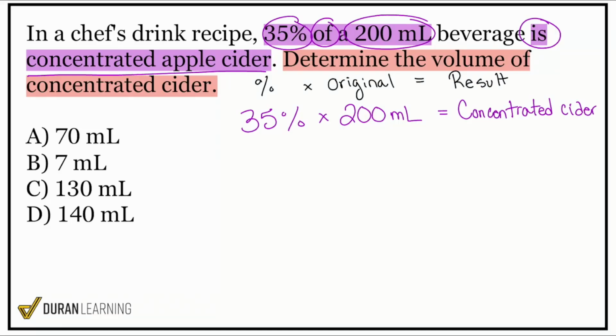Help me out, everybody, in the chat box. Which of these, the percent, the original, or the result, which of these do we not have? Yeah, we don't have the result.